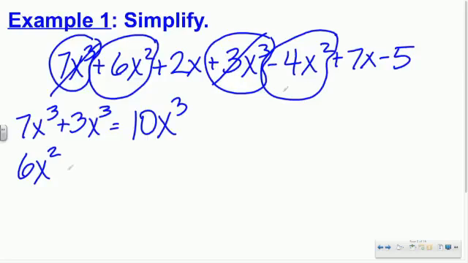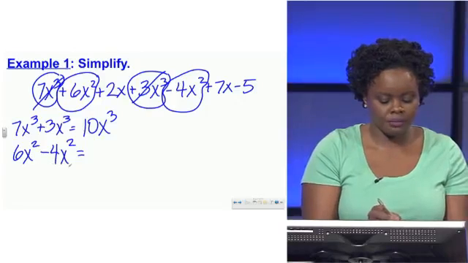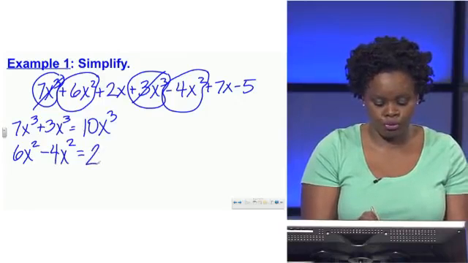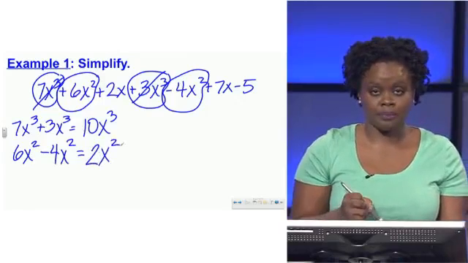So 6x squared minus 4x squared. Remember, you're not really messing with your exponents at all. You're really just focused on the coefficients. So 6x squared minus 4x squared, well, 6 minus 4, that's just 2. So this is 2x squared.